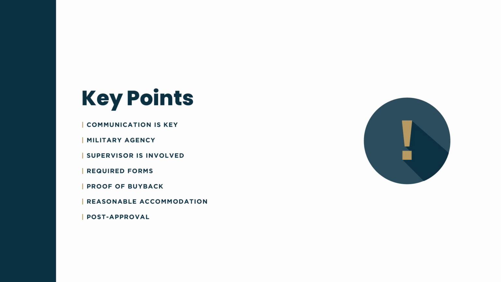Having your supervisor involved and knowledgeable about what's happening can make the process a whole lot smoother, and a lot less combative, honestly. Reasonable accommodations can be a big stumbling block, but we're here to help with that. And just because you've been approved doesn't necessarily mean you're done dealing with agency issues, because they can still come up then as well. That's absolutely correct. That's a great summation of what we talked about.